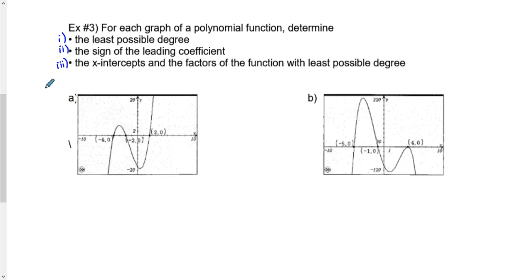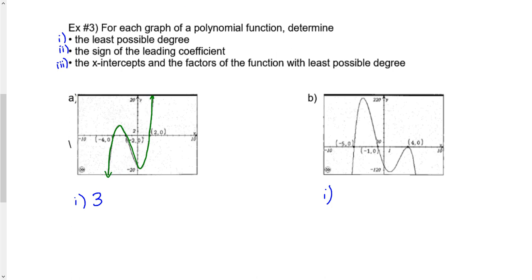The least possible degree talks about how many possible x-intercepts there are. In this one, there are exactly 3. In this one, it's a little bit harder to tell, for the only reason that this one actually shows all of those x-intercepts clearly defined.